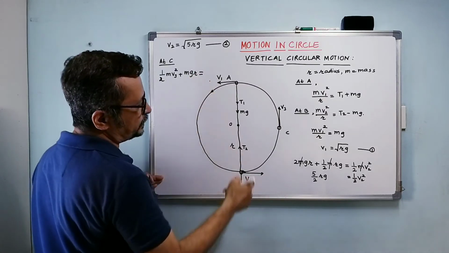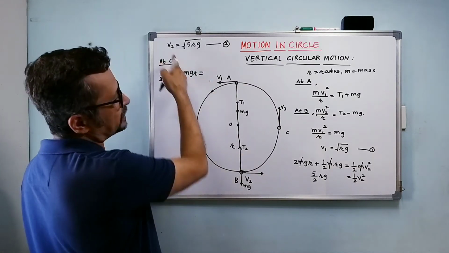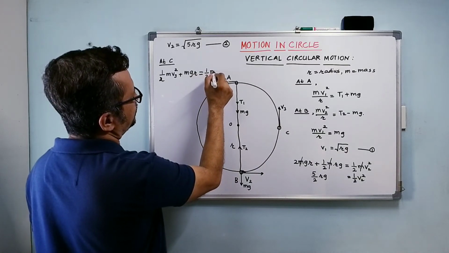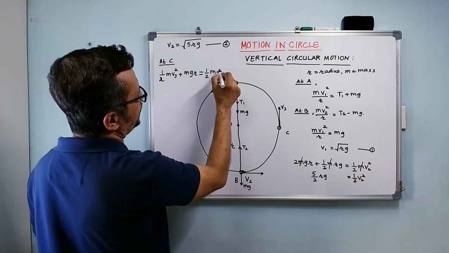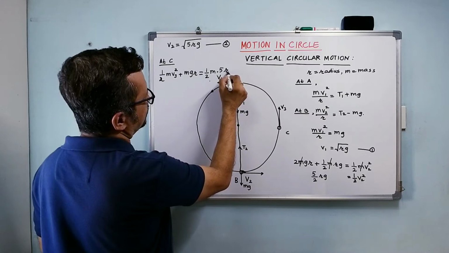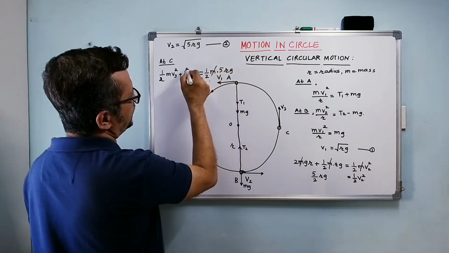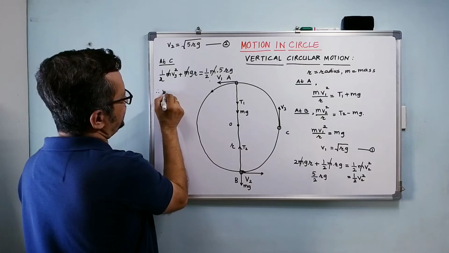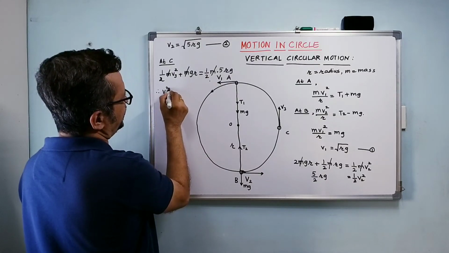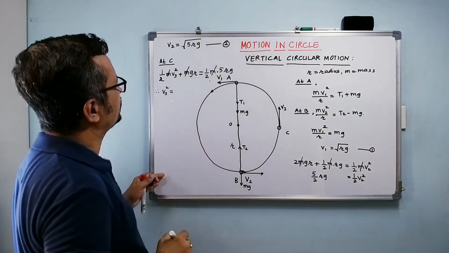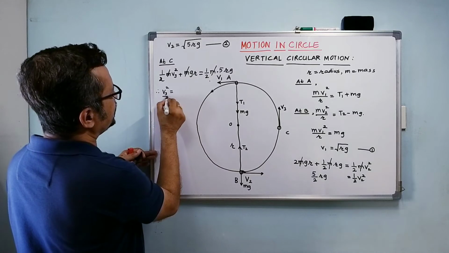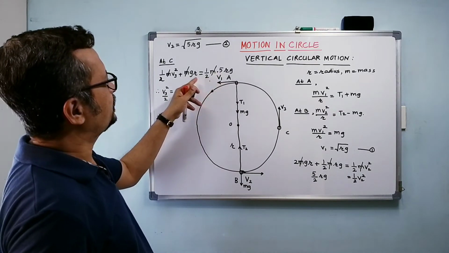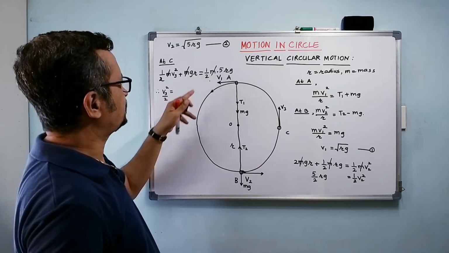and that is going to be equal to the total energy over here, and the total energy over there was equal to half m into v2 square, which is 5Rg. Again I am cancelling m and m here, correct? Therefore my v3 square upon 2 is equal to 5 by 2 Rg minus Rg.